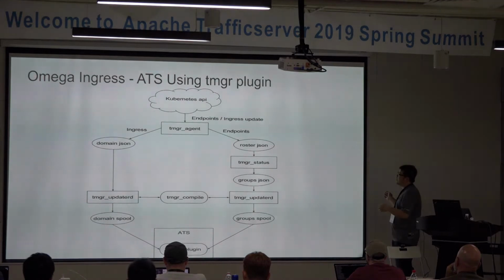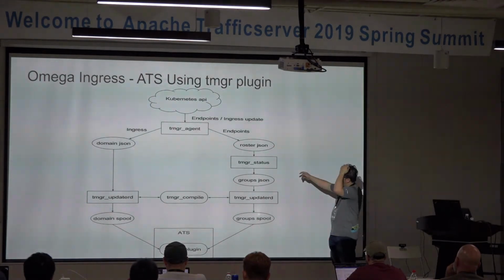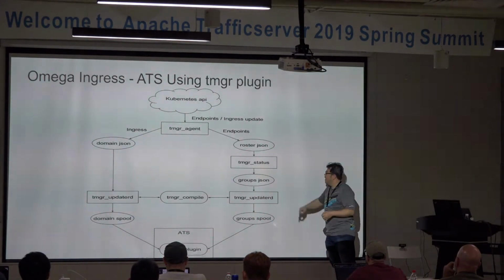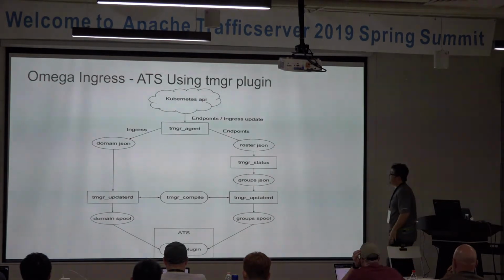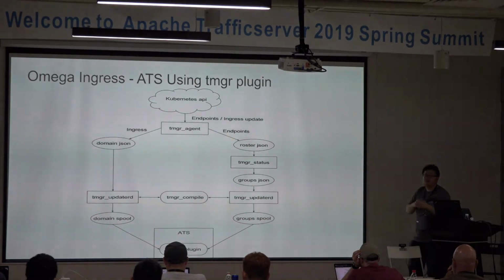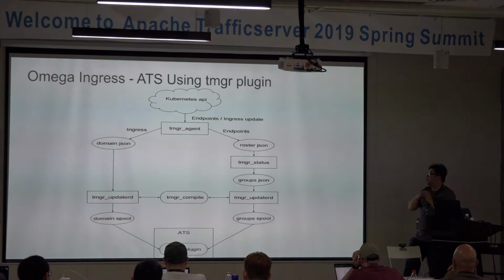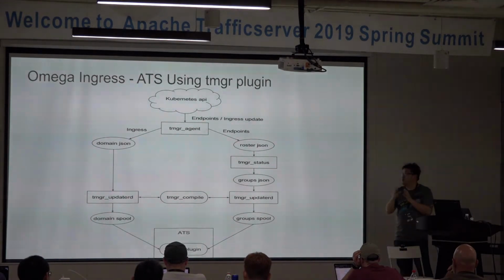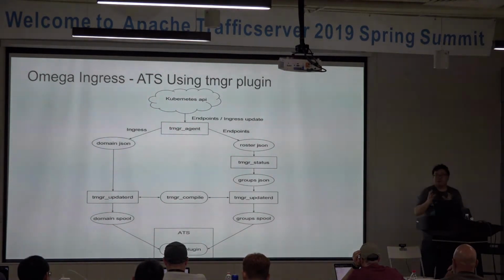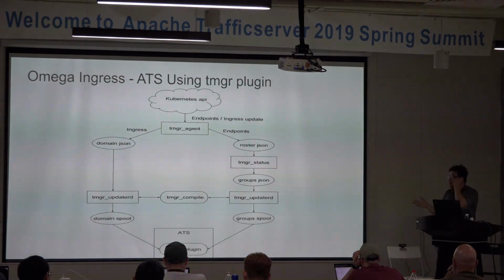Then it goes through another daemon or job, which we call the TMGR status. This does health checks, because even though your pod is up, it might not be able to serve traffic. There might be crashes, or bad deployments and things like that. So not all pods can serve traffic.